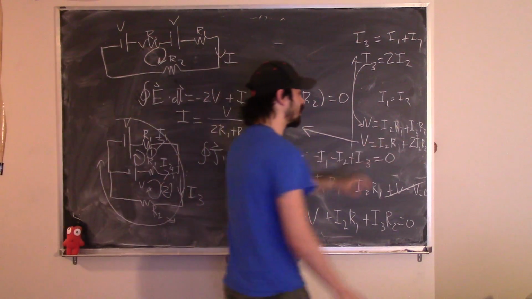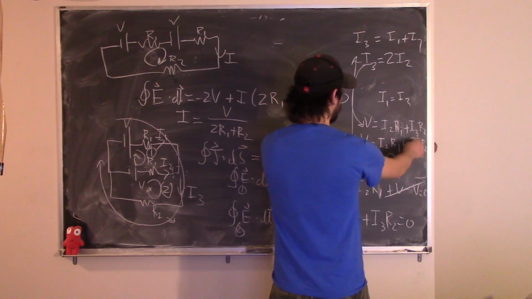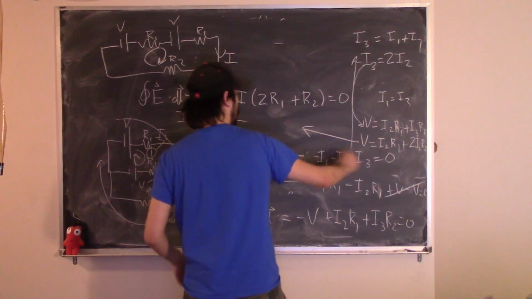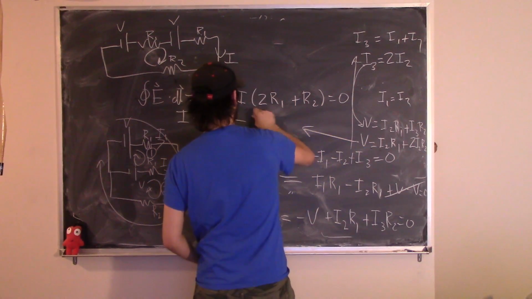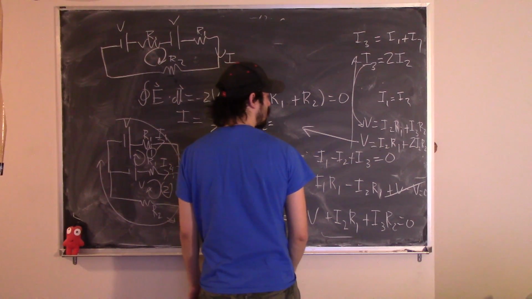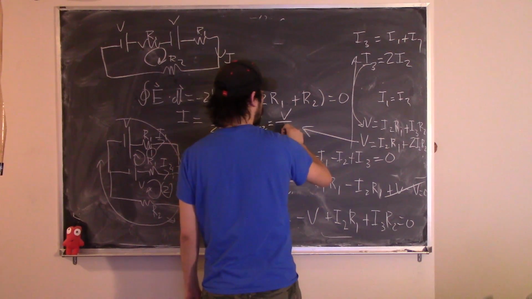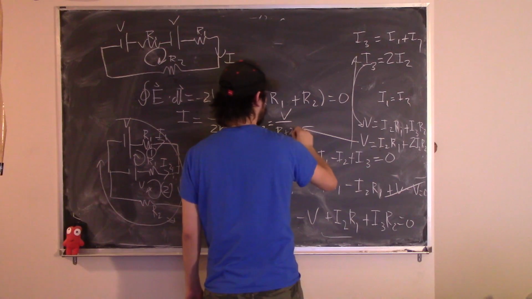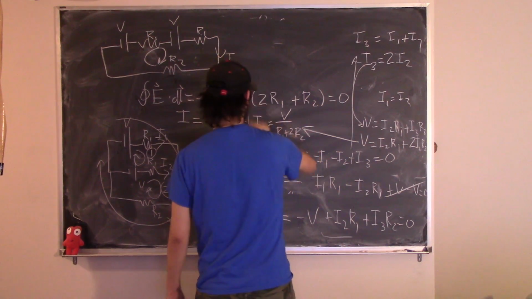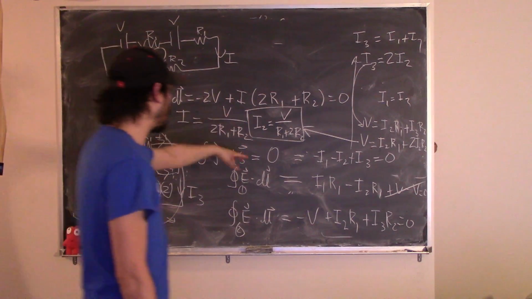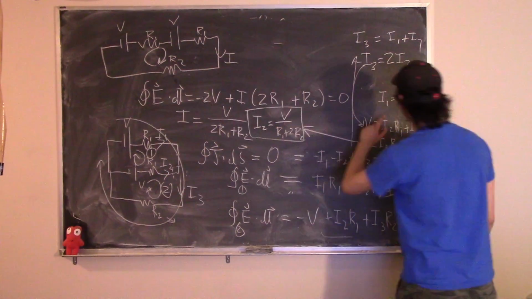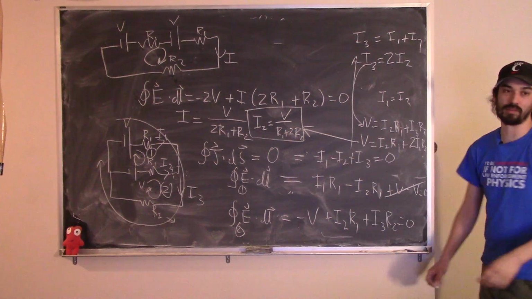This equation then says I can factor out an I2 from each one of these and divide everything else by the things that are multiplied by I2. And so that says that I2 is going to be equal to V divided by R1 plus 2 times R2. Okay? So that's what I2 is. And then I know that I1 is equal to I2 and that I3 is going to be 2 times I2.